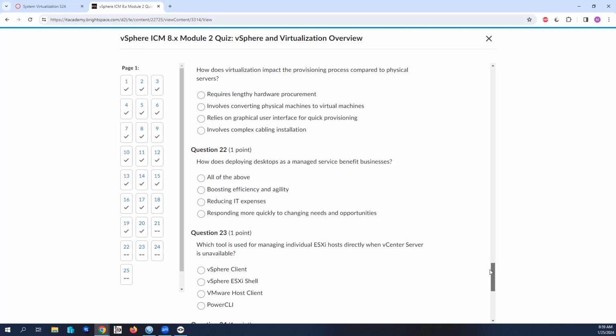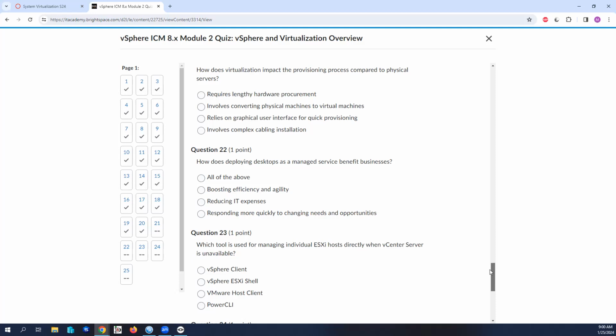What requires lengthy hardware procurement? Physical servers, right? So it's looking for the benefits of virtualization, not the benefits of physical servers. So there's a problem here. That would not be the answer. We're looking for a positive, the positive of virtualization over physical servers. So we've eliminated number one.